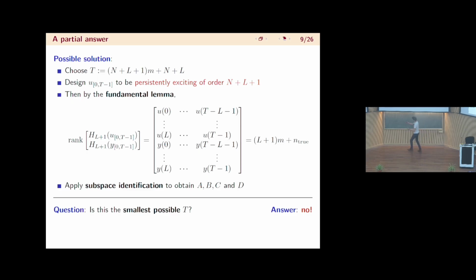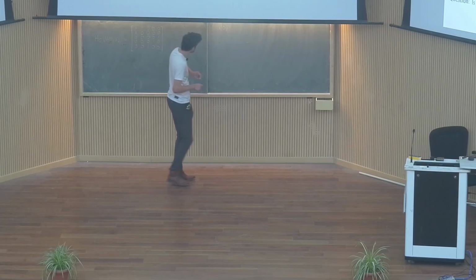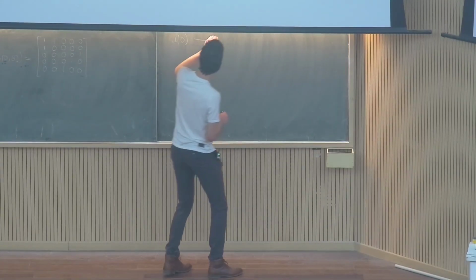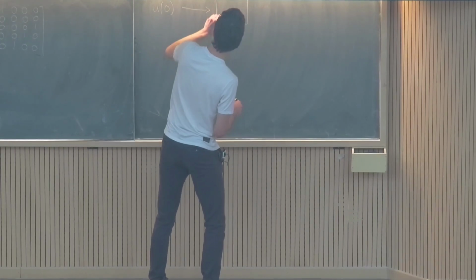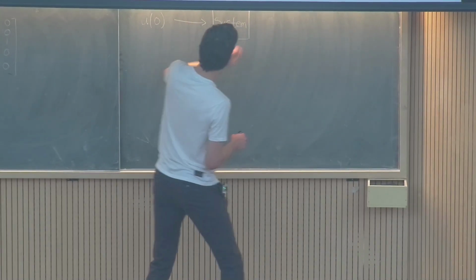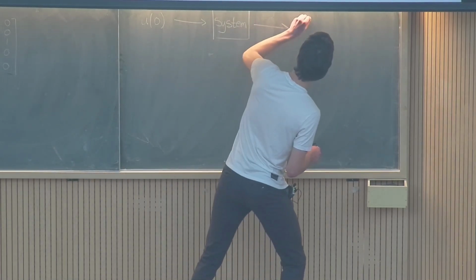Instead of choosing these 9 inputs all at once, so that we have this persistency of excitation condition, I just choose the first input of my experiment, let's say U0, and then I apply U0 to my system. Well, what is my system output? Of course, y at time 0.